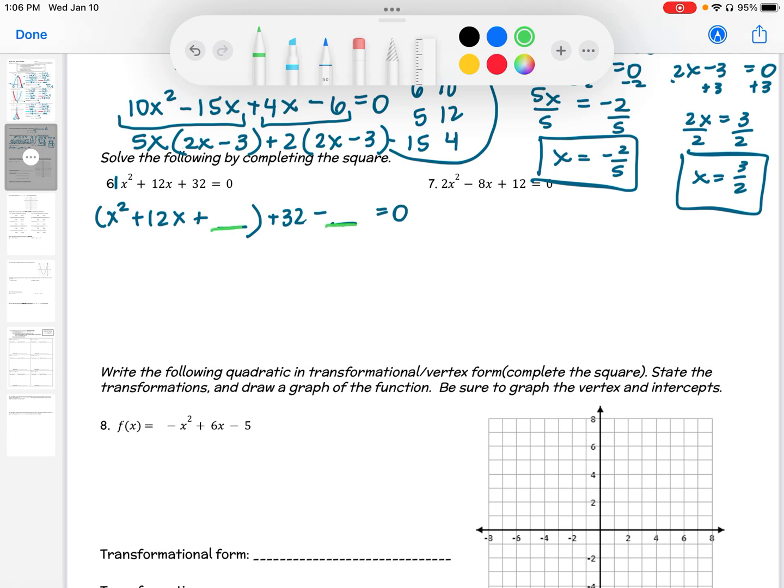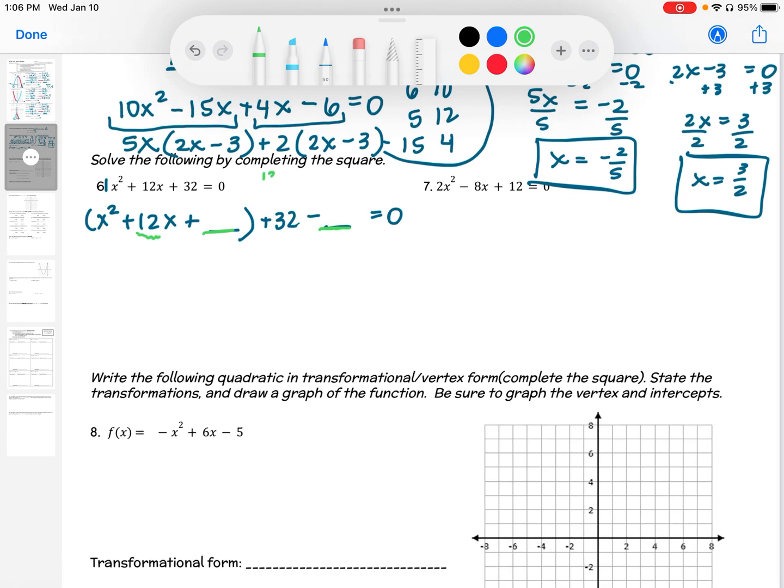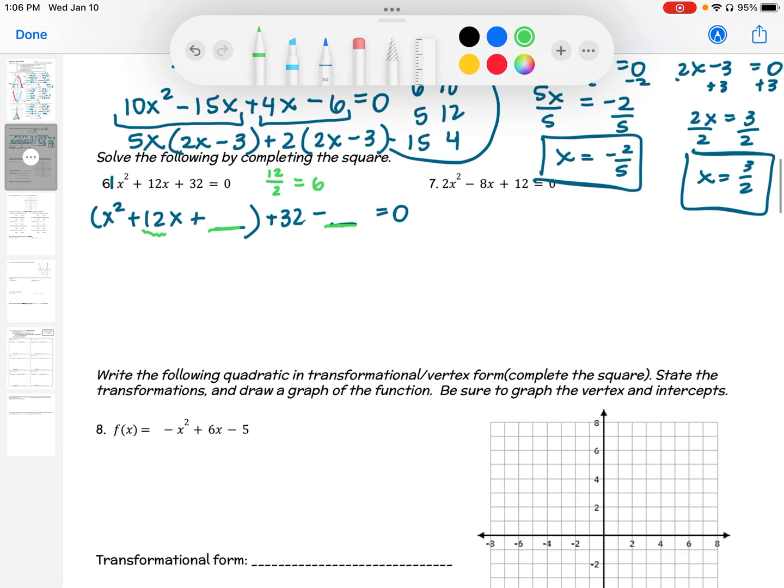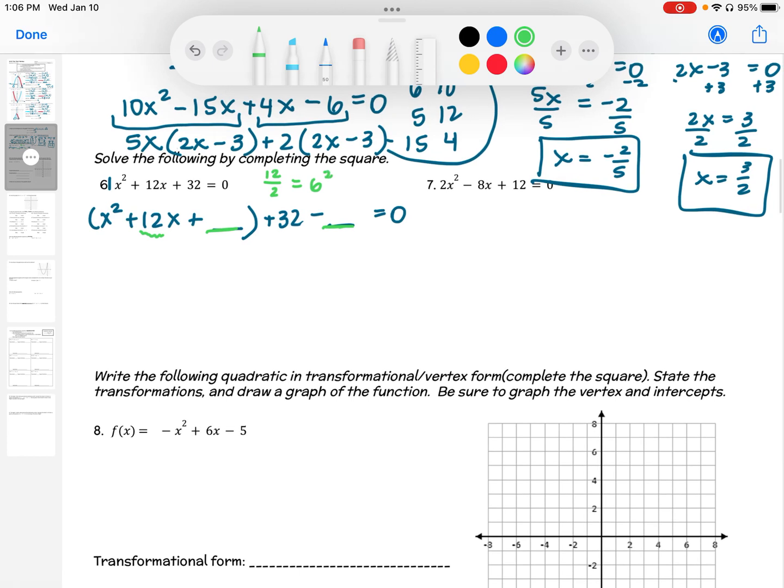First, we need to worry about this 12. We take 12, divide it by 2, which equals 6. Once we do that, we square that number, and we should get 36. So we're going to have 36 here. And because we don't have a number out front, we just have 1, we're also going to have 36 on the outside.